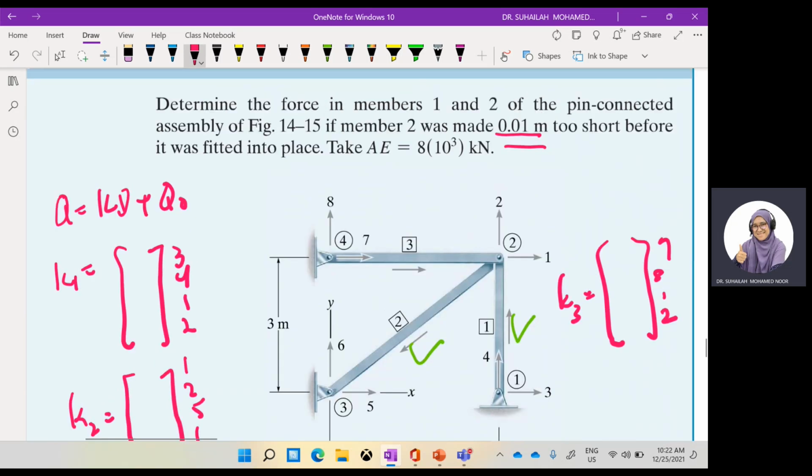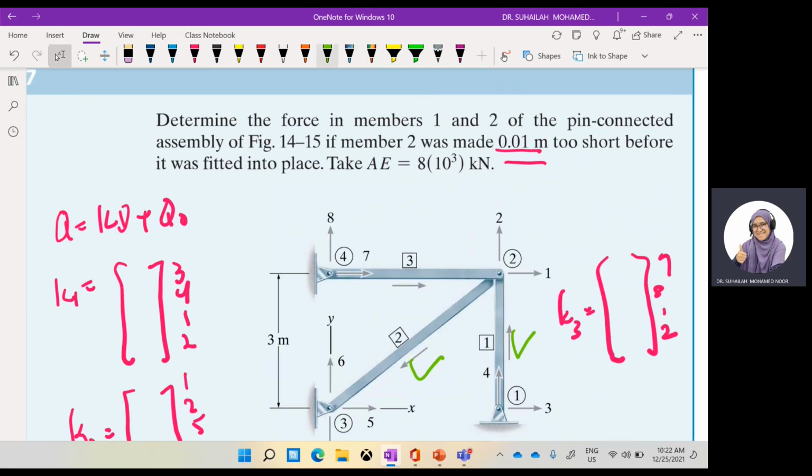Only member 2 gets affected. Member 2 was made 0.01 short. Member 1 and member 3 do not get the effect for this question.